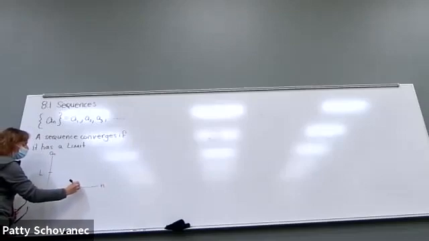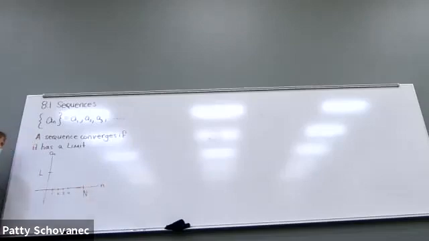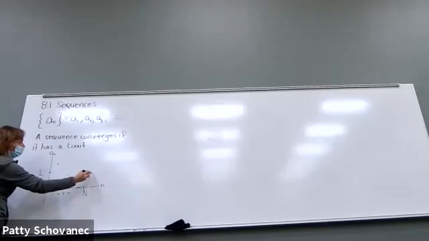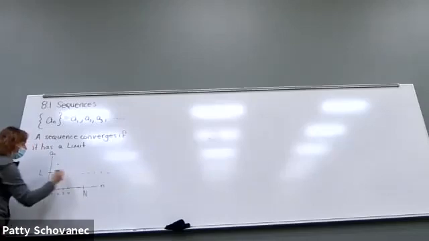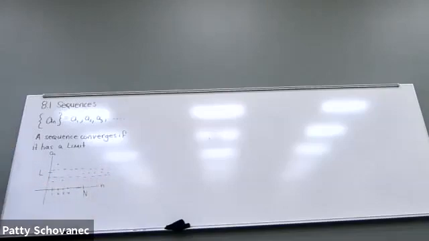So when you go way out here to a very large N, the terms in here might be doing something. But once you get past this very large N, they're all hanging around that number L, in a very small interval around that number L with epsilon. So if they all start doing the same thing after a while, then that's the limit of the sequence.